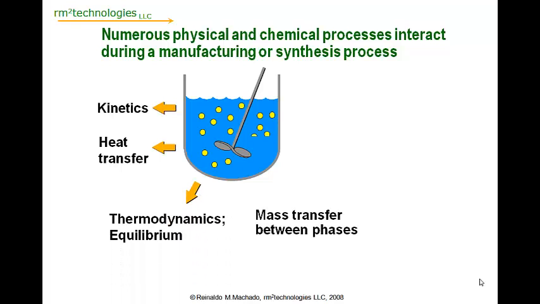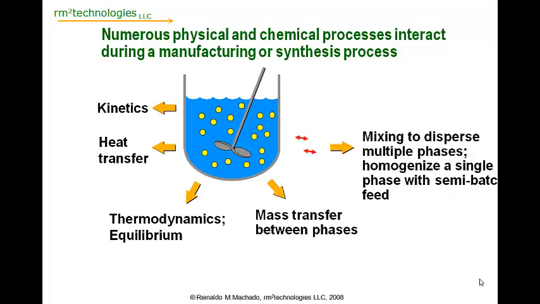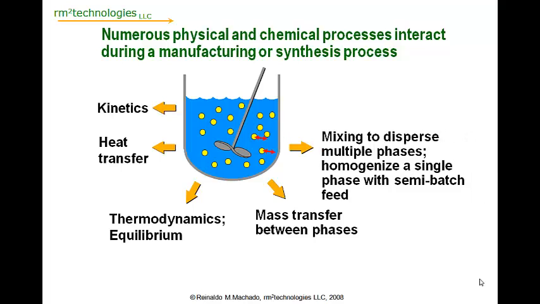Also, we have phase mass transfer between the phases that can occur: solid-liquid, liquid-liquid, and gas-liquid. We need mixing to create dispersion of these multiple phases, or perhaps to homogenize a single phase with a semi-batch feed. There also can be physical changes. All these various things are going on simultaneously in a stirred tank reactor. For effective scale-up, we need to understand how they interact.